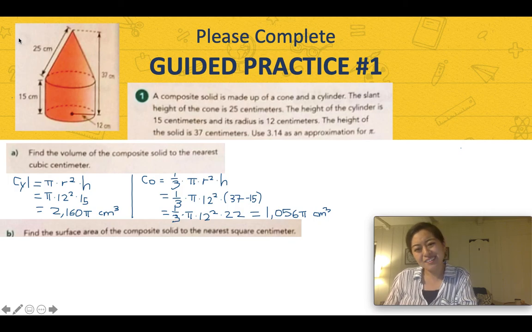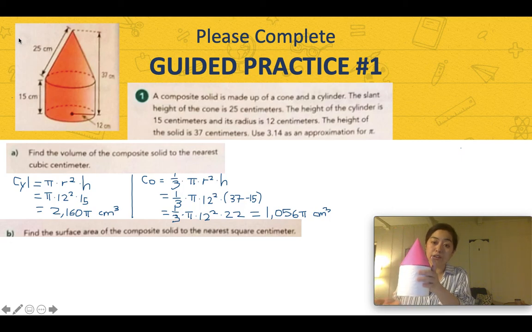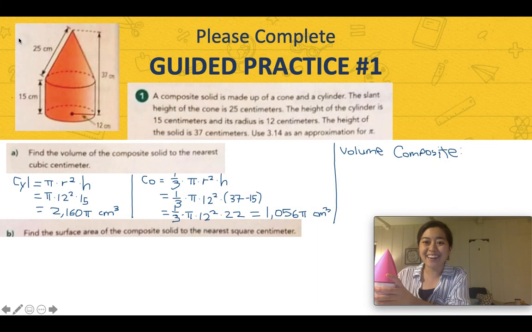But am I done? I am not done because the directions in part A say to find the volume of the composite solid. So that means I have to find the volume of this entire structure. And so what do I need to do? Add or subtract? I gotta add, right?